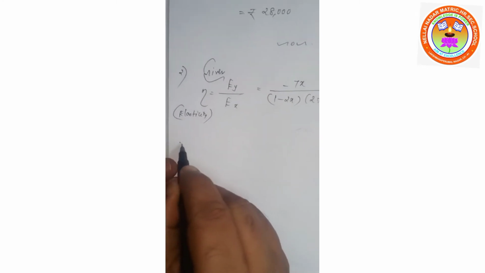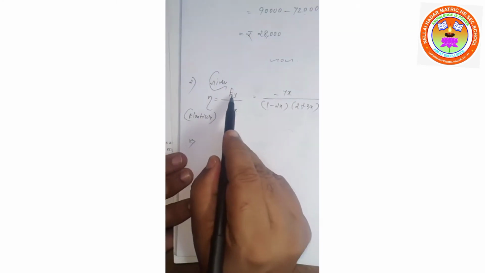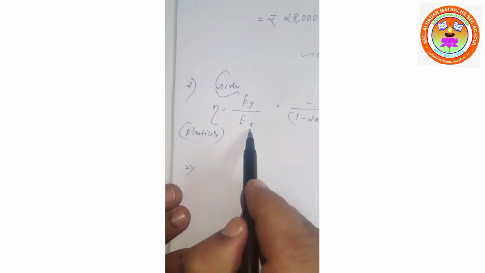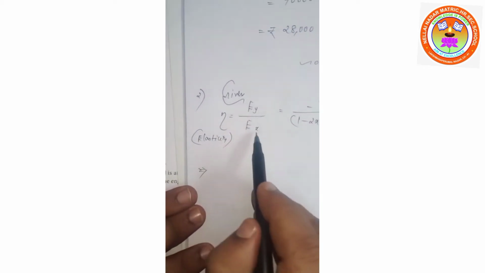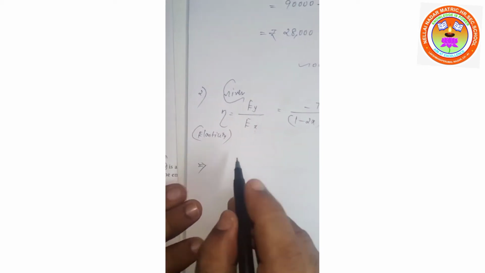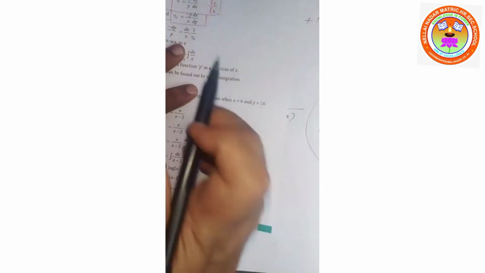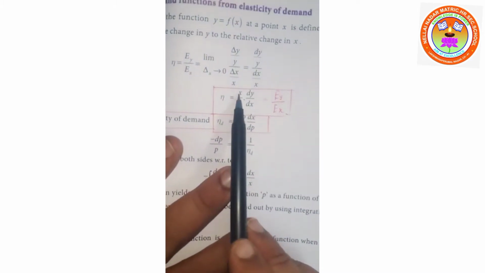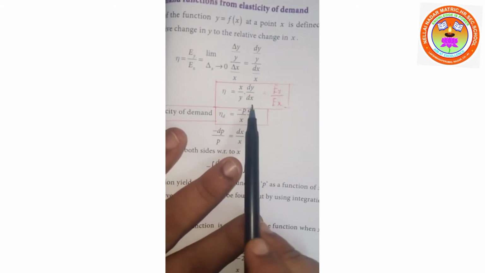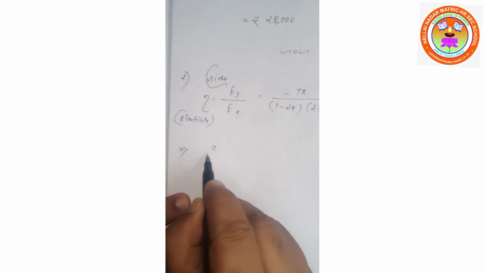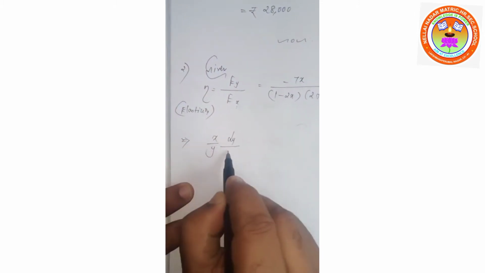Which implies, you know the formula for eta y by eta x. Sorry, Ey by Ex. Ey by Ex means elasticity. Elasticity formula, already I told you. Here it is. X by y into dy by dx. So this can be replaced by x by y into dy by dx.